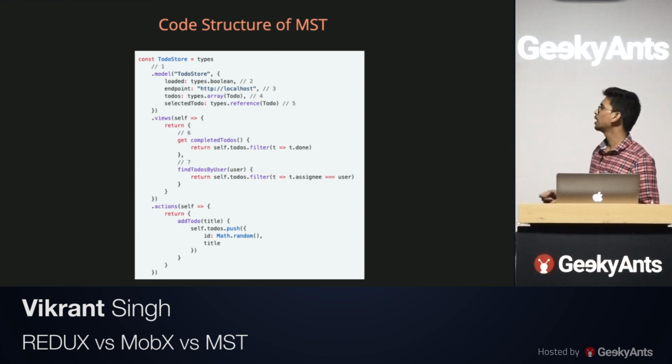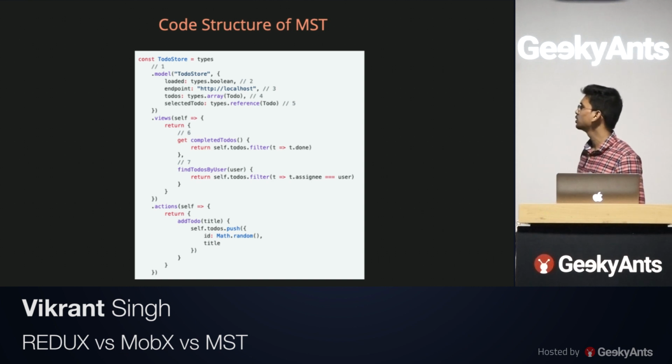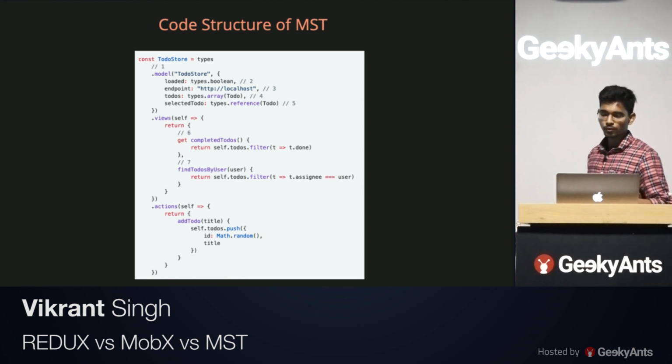In the model part, we are declaring all those fields and types, with type state checking. So we have boolean, arrays, and reference kinds of types. In the case of views, views are functions which give you things like an array by filtering. So here we have completedTodos as the first function. What is it doing?